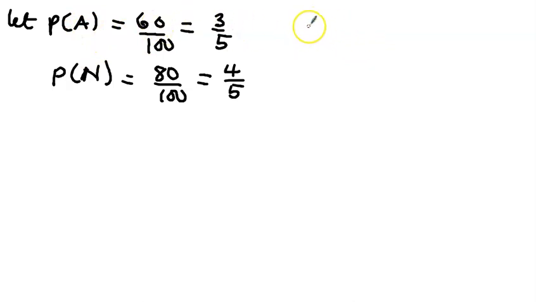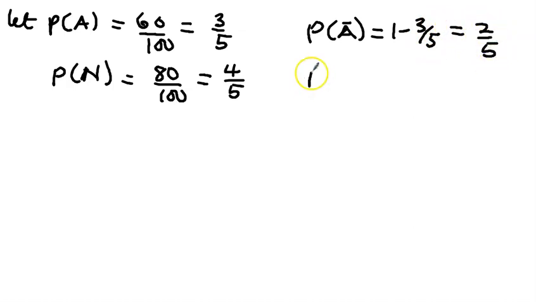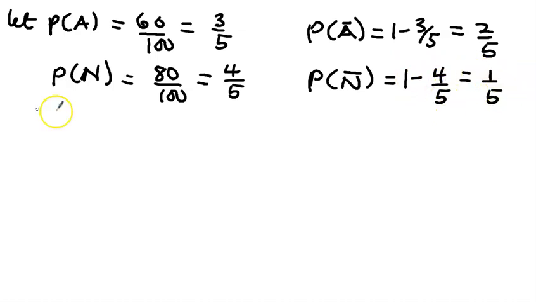So the probability that Afi will not pass will be 1 minus 3 on 5, which will be 2 out of 5. And then the probability that Na will not pass the test is 1 minus 4 on 5, which will be 1 over 5. So let's go back to the question.